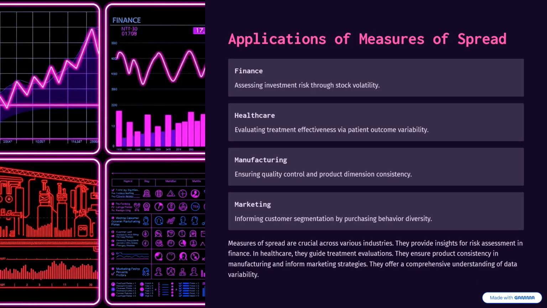Next is the applications of the measures of spread. The first application is finance, assessing investment risk through stock volatility. The next one is healthcare, evaluating treatment effectiveness by patient outcome variability.